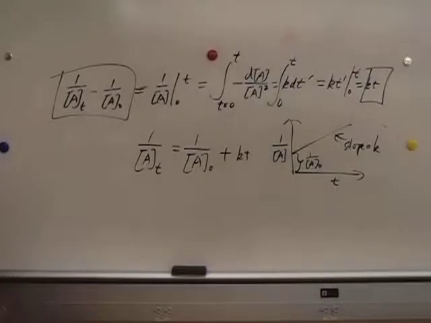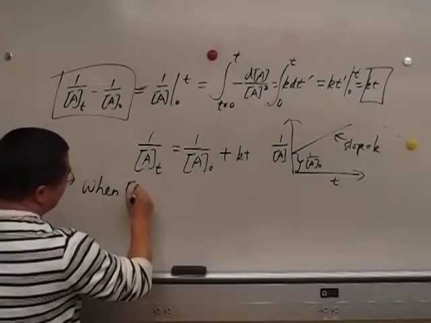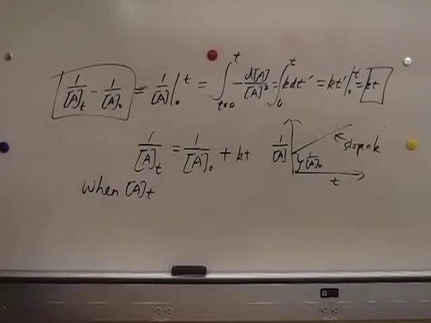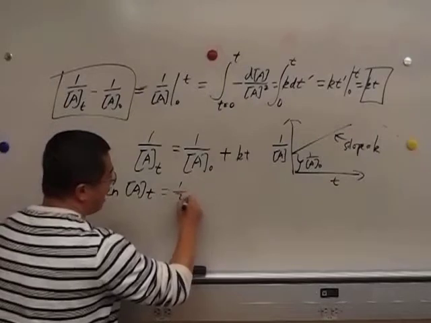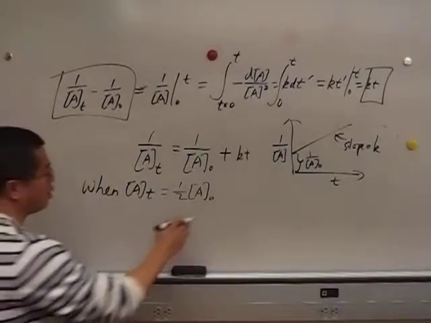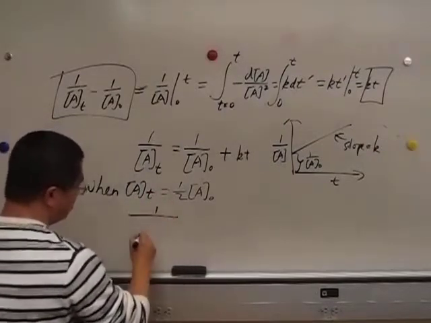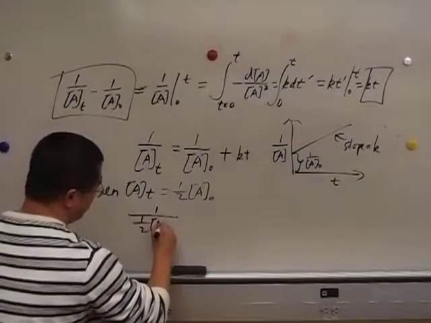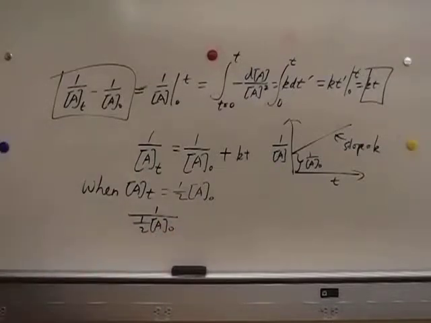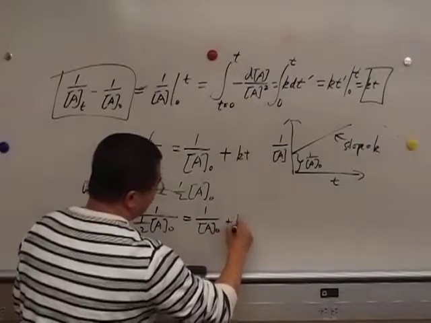Now we're going to look at the half time. What does half time mean? Half time means when the concentration of A is half of the initial concentration. So we just simply plug it in. 2 over A naught equals 1 over A naught plus k t.